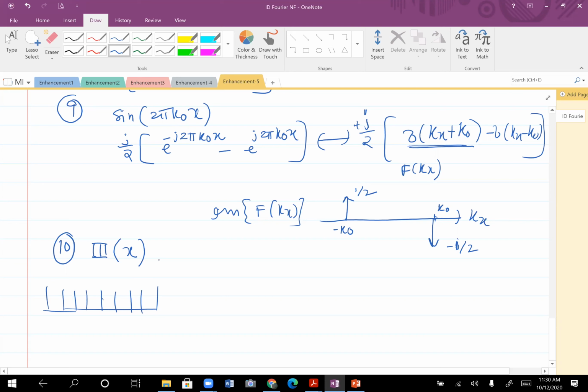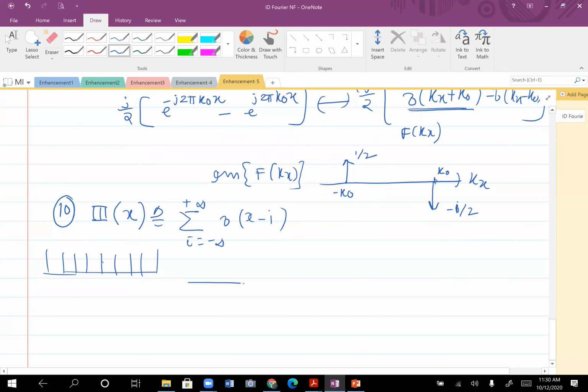Okay, so how did we define this? This is equal to the sum over i varying from minus infinity to plus infinity, delta of x minus i. Any idea on what would be the CTFT of it? Impulse train only, that's correct.